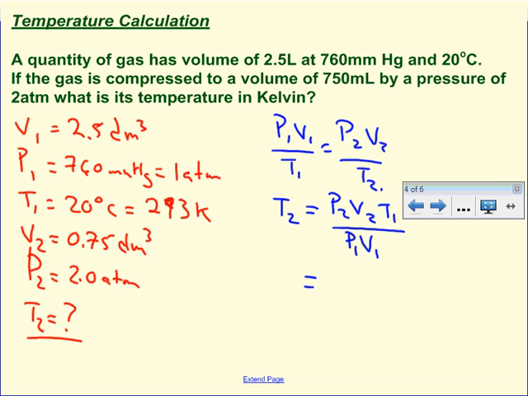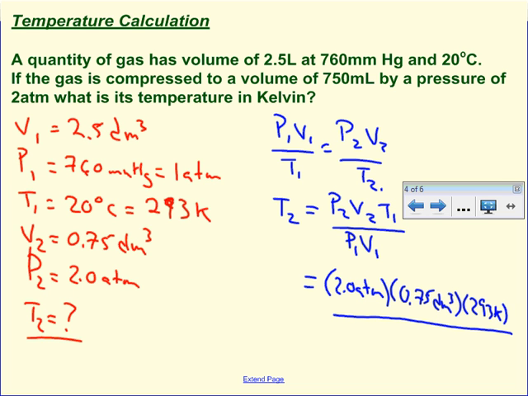So I have 2.0 atm as my new pressure, my new volume, 0.75 dm cubed, my initial temperature, 293 Kelvin, my initial pressure was 1 atm, and my initial volume was 2.5 dm cubed.